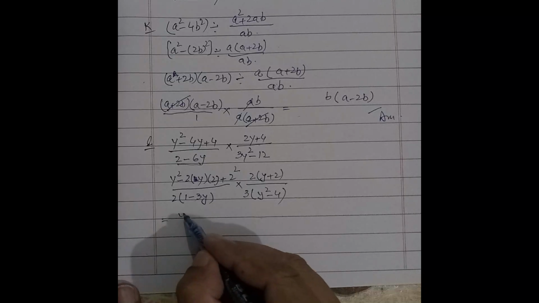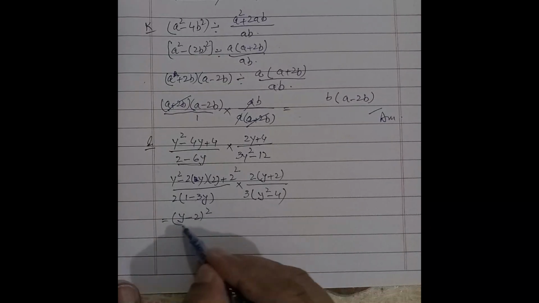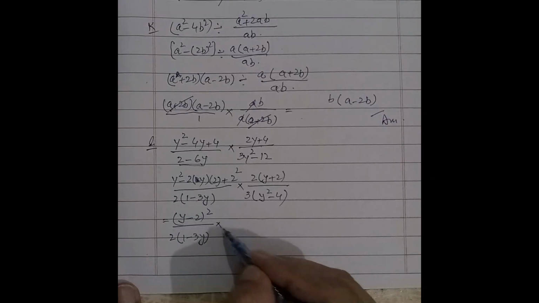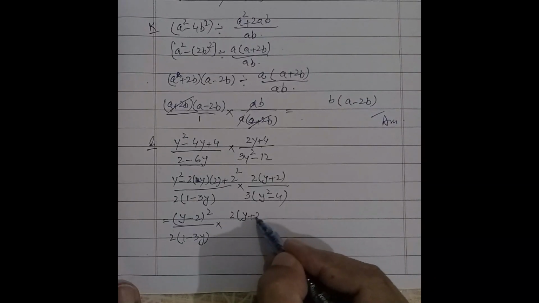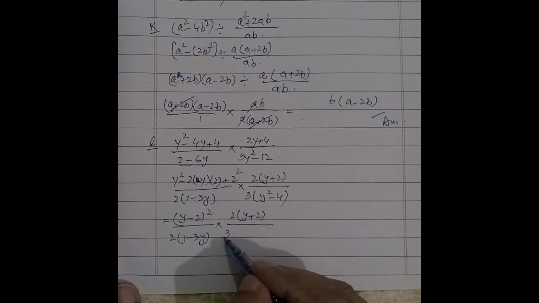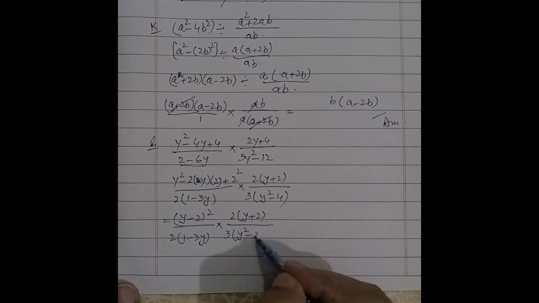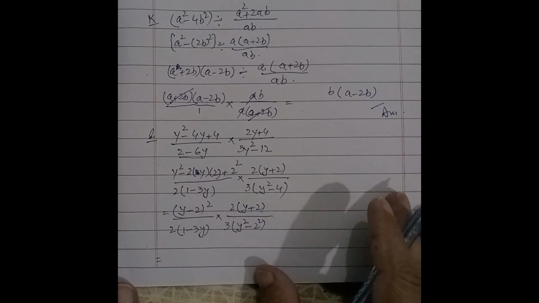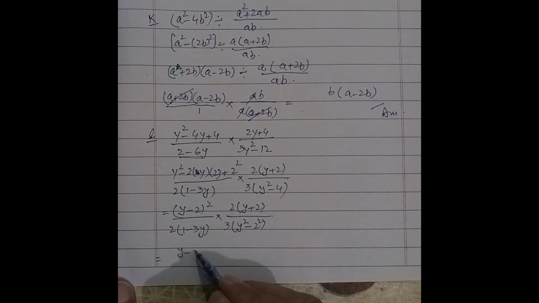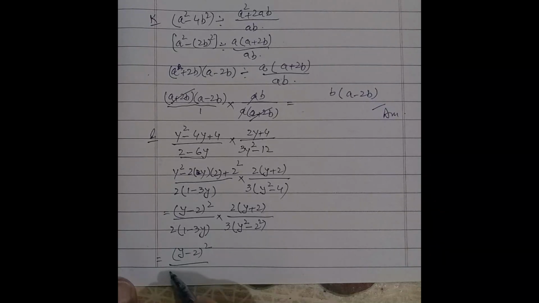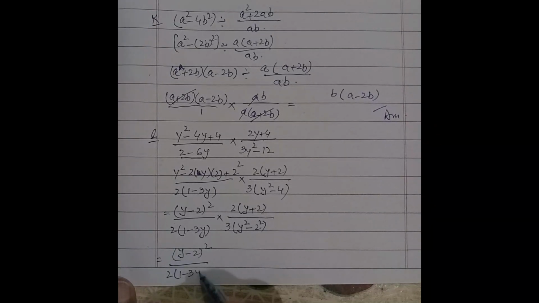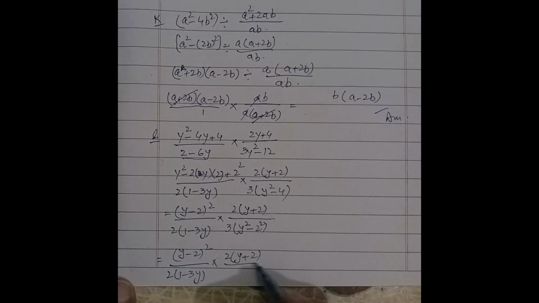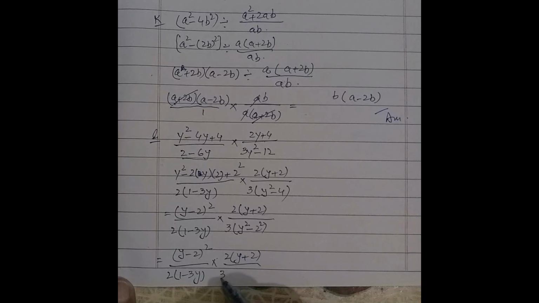It is value of y minus 2 whole square. It is 2 into 1 minus 3y multiply by 2 into y plus 2 and the remaining is 3 into y square minus 2 square. Now factorize the values. Here is y minus 2 whole square over 2 into 1 minus 3y multiply by 2 y plus 2 over 3.